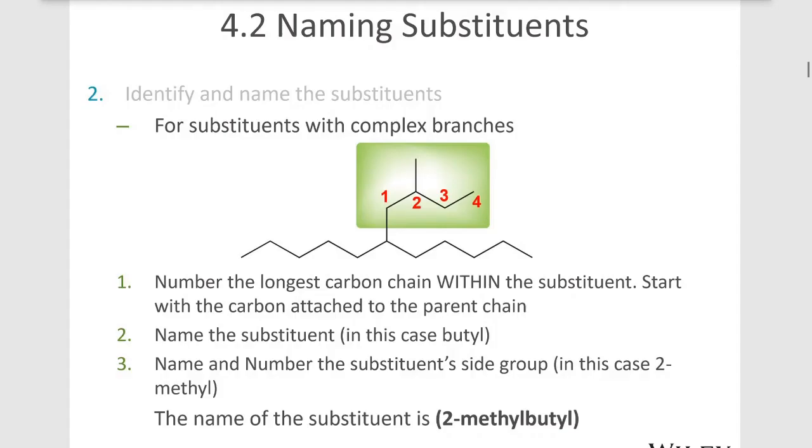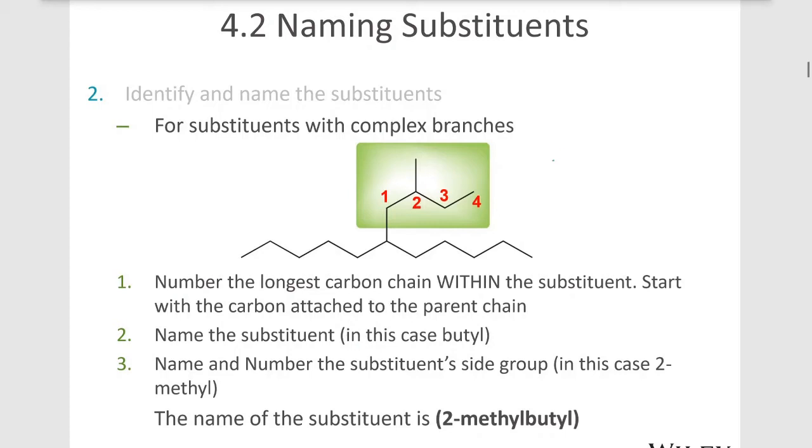Hello and welcome back. In our previous video, we discussed naming simple substituents on alkane parent chains that were comprised just of a straight chain alkyl group, such as with one carbon, we'd have a methyl group. With two carbons, we'd have an ethyl group, and so on.